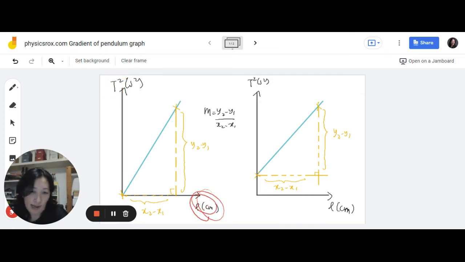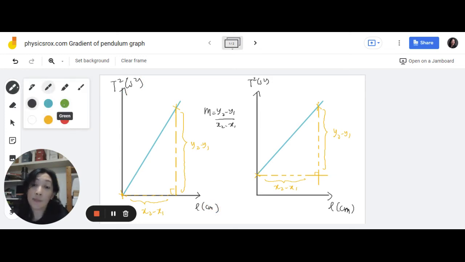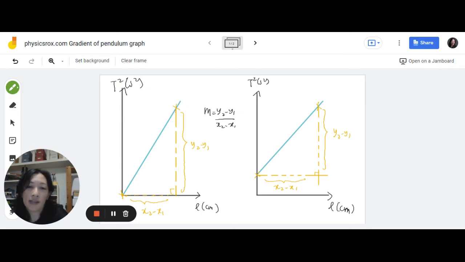This is actually L. And you see your y-axis has a unit, x-axis also has a unit. What are the units? So y, which is t squared, the unit is second squared. And then the x, what's the unit? cm. That means the unit for the gradient is second squared per cm. Now it's okay if you're like, teacher, I've never heard of this.